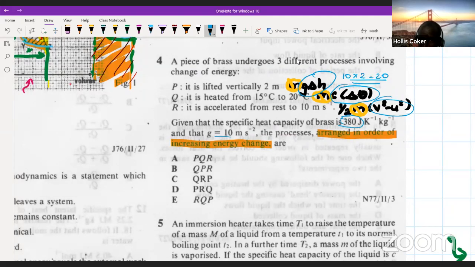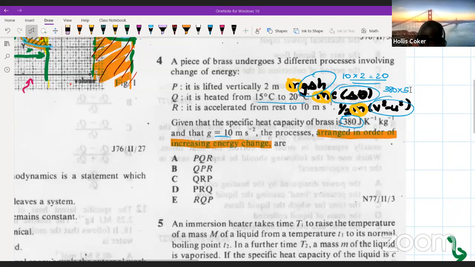And delta theta is 20 minus 15, 5. This is 380 times 5. Let's do it on a calculator. So 380 times 5, I think that'll be something like about 400 by 5, like 1900. Yeah, it's 1900.